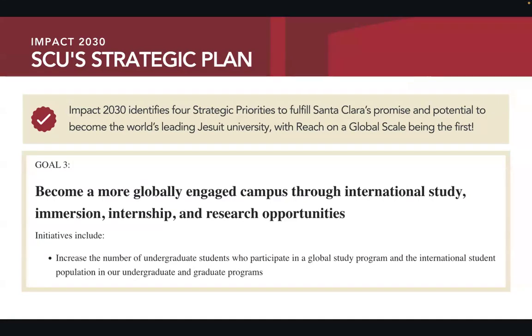And why that's important for us, of course, is that this means global programs, global learning is really at the forefront of what Santa Clara thinks is a priority for the future. And really making sure that our students in particular, as you can see for goal 3, are engaging closely with how we can become a more globally engaged campus through international study, immersion, internships, research opportunities.